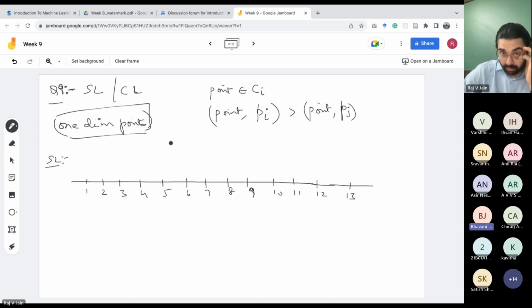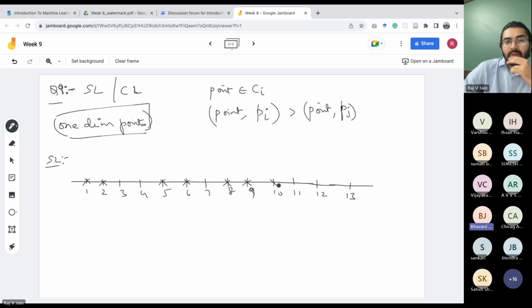Maybe for cluster 1, we can put a point at 1, one more point at 2, and one more point at 5. And maybe for cluster 2 we can put a point at 6, and then the other points at 8, 9 and 10.